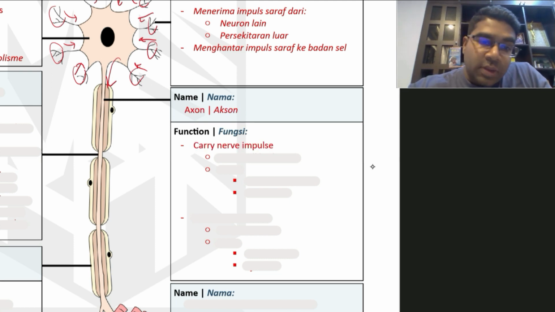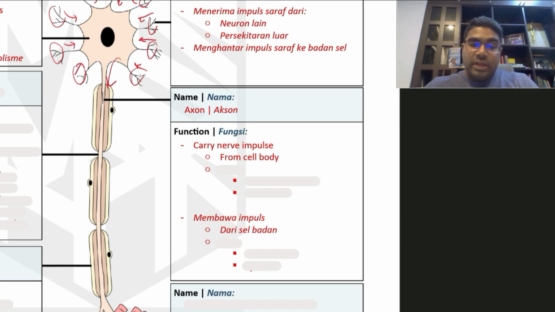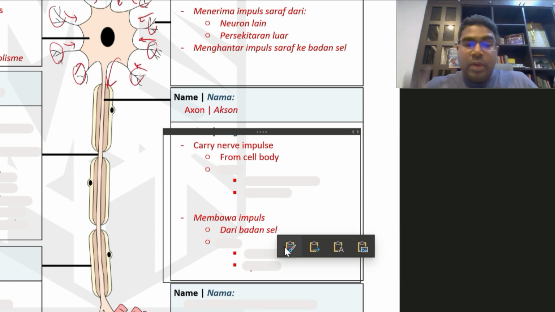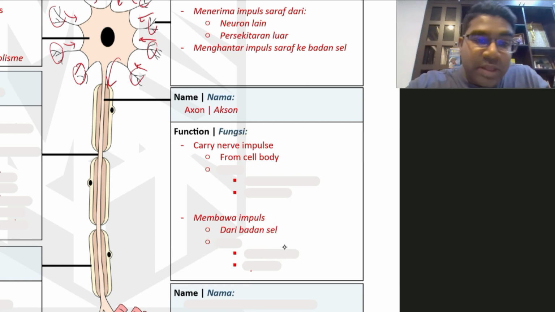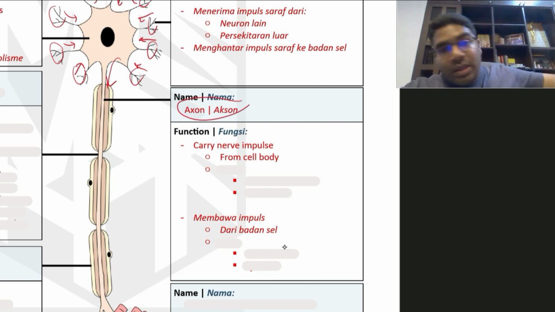So the axon carries nerve impulse, dia membawa impuls, okay, dari from the cell body, daripada badan sel kepada, so dia membawa impuls dari badan sel, itulah namanya axon. Nanti kita akan nampak dendron, later we will see dendron, so it's a different direction. So always remember axon away from cell body, axon dia menjauhi badan sel.